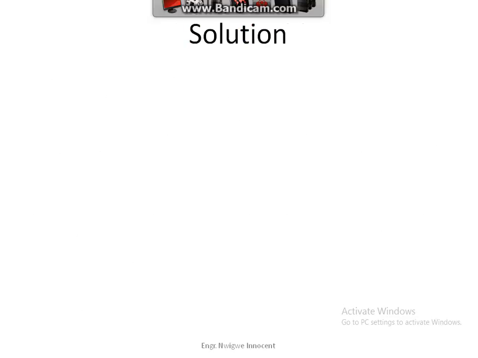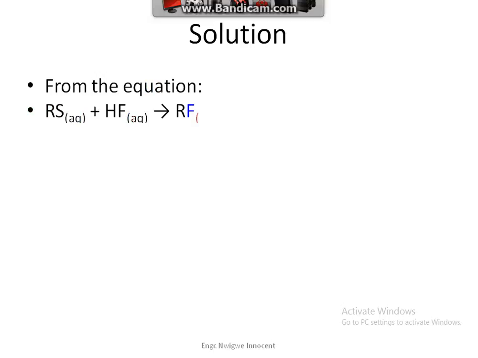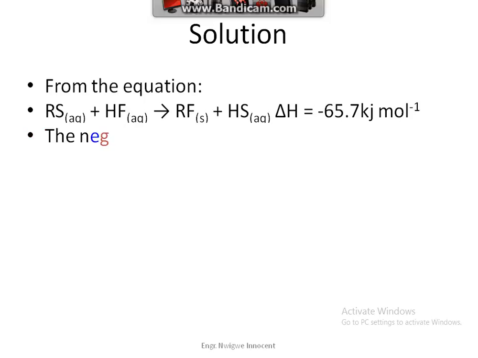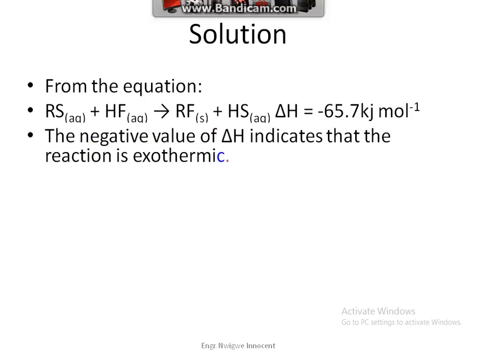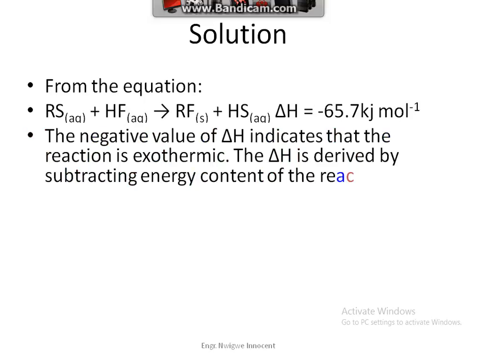Solution. From the equation, ROS aqueous plus HF aqueous gives RF solid plus HS aqueous. Delta H is equal to minus 65.7 kJ per mole. The negative value of delta H indicates that the reaction is exothermic.